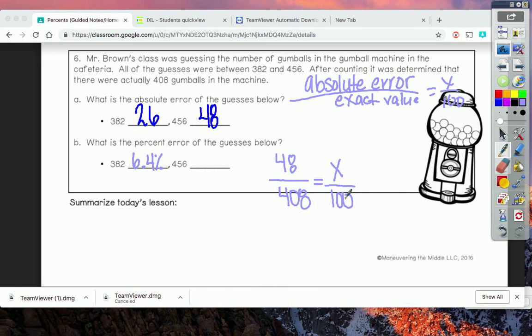We're going to do the same thing, cross multiply, or you can divide and change it to a decimal, which will give you 4,800 is equal to 408x. You're going to divide by 408 on both sides to get the x by itself.